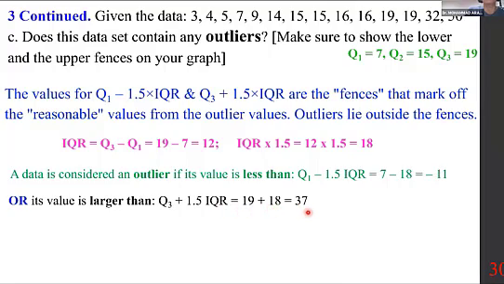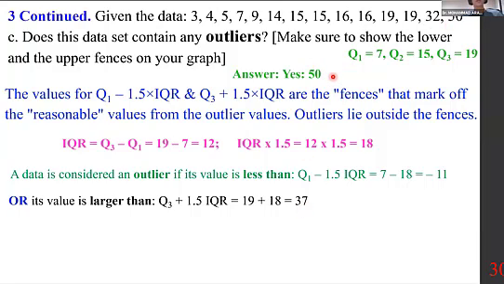And if you add to it, it becomes 37. Therefore, number 50, which is larger than 37, is an outlier. So you want to make sure to justify your answer. Do we have an outlier? Yes. Why is that? This is the process.